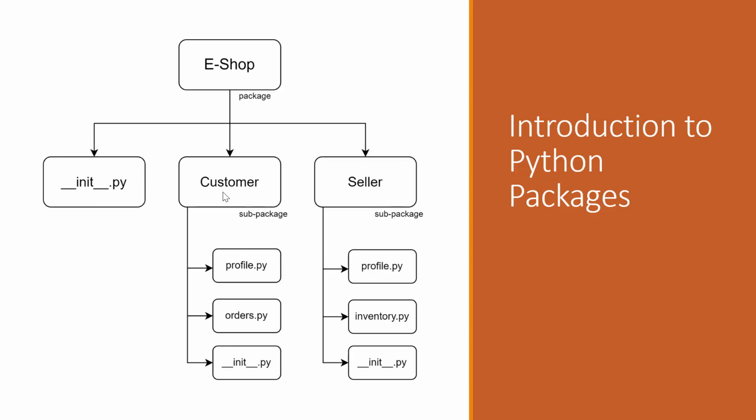And in the same way, the customer sub package consists of some Python files like the profile.py file and the orders.py file, and the Python interpreter will recognize it as a package using this __init__.py file. We will discuss what we basically write in this __init__.py file further in this video. In the same way, we have this seller sub package. This seller sub package contains modules like product.py and inventory.py, and it also contains this __init__.py file, which is very important.